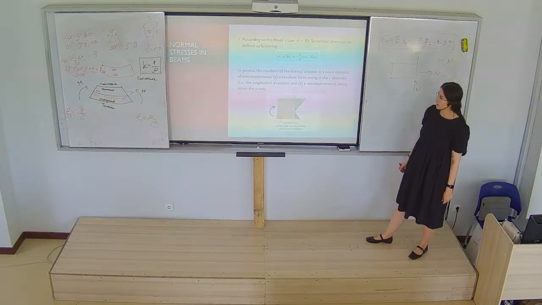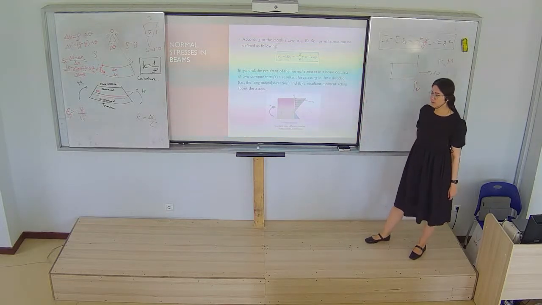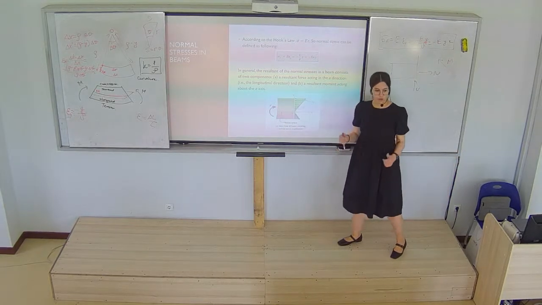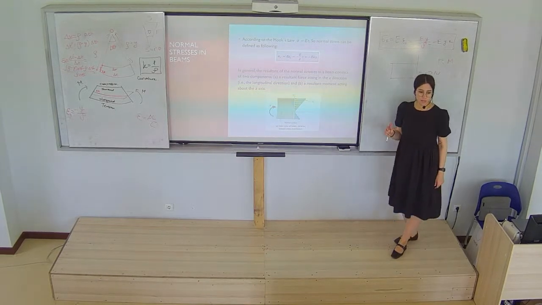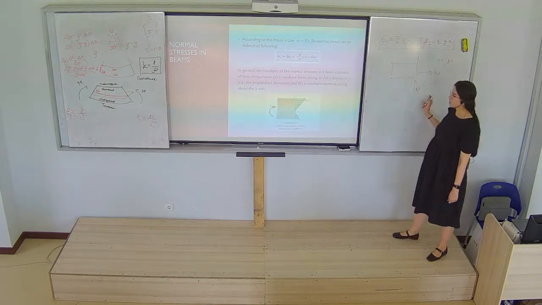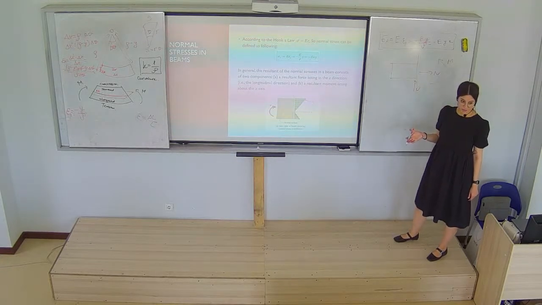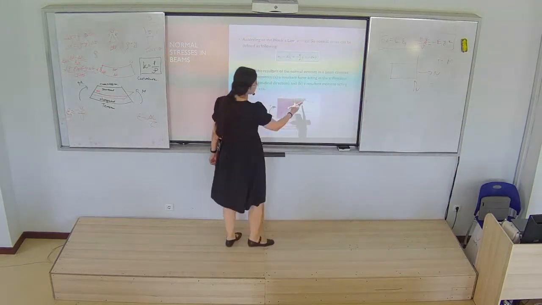And the second one, the resultant moment acting about the z axis. Or we can also call it the inner bending moment. How can we find it? Force multiplied by distance, the length of the arm. Why is stress going inside in this part?